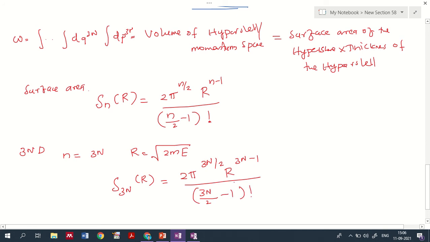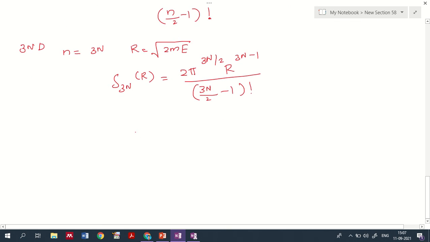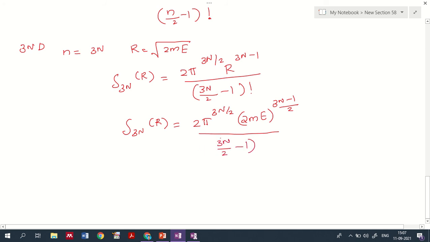And also, if I represent it in terms of r, I can substitute r equal to root 2me. So S3N of r is equal to 2 pi 3N by 2, with r substituted as root 2me, that is 2me raised to 3N minus 1 by 2, divided by 3N by 2 minus 1 factorial.